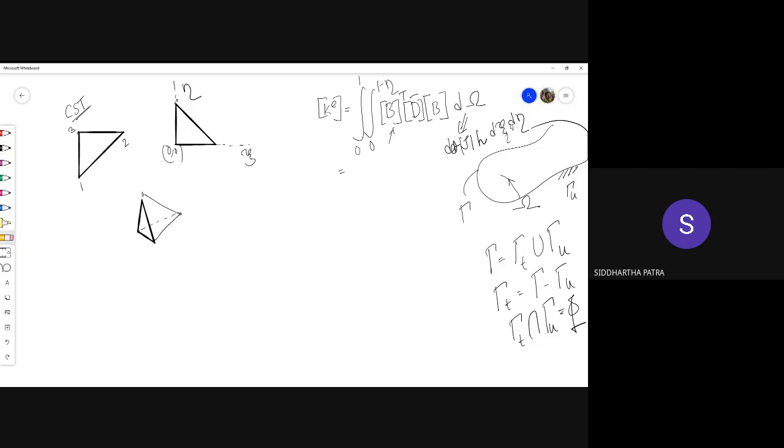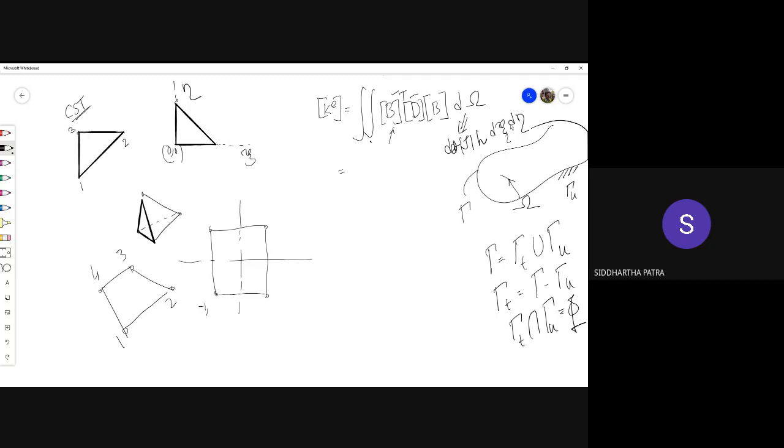Whereas if we are dealing with a four-noded quad element, so this is an arbitrary four-noded quad element in natural coordinate system. This would look like a square of side length 2.